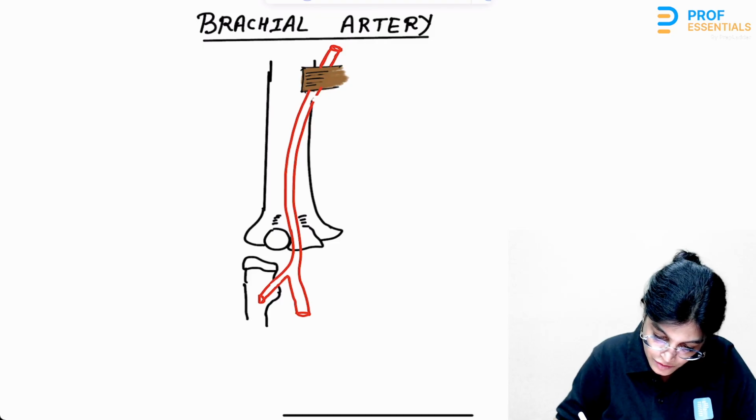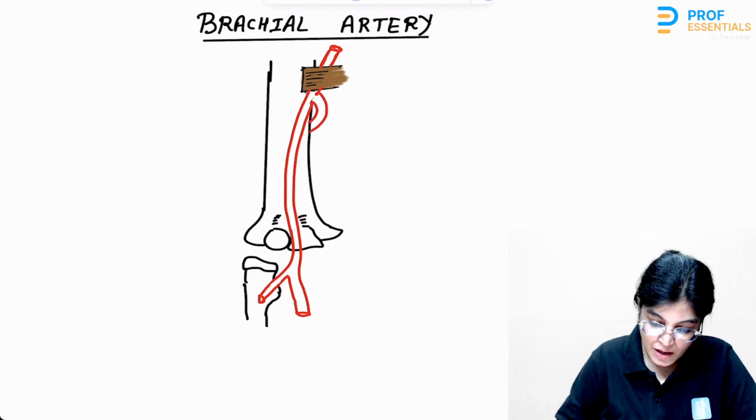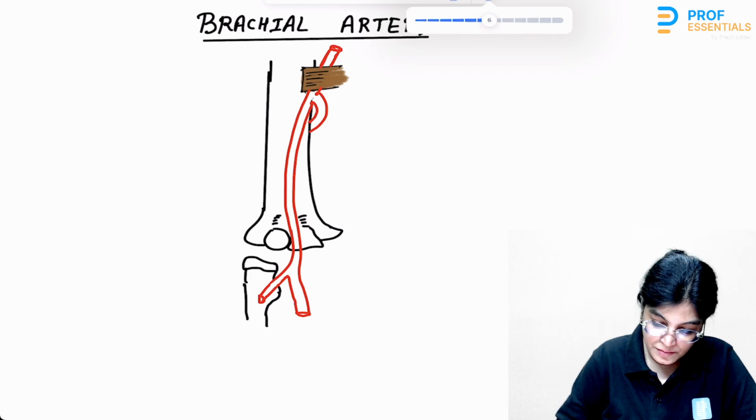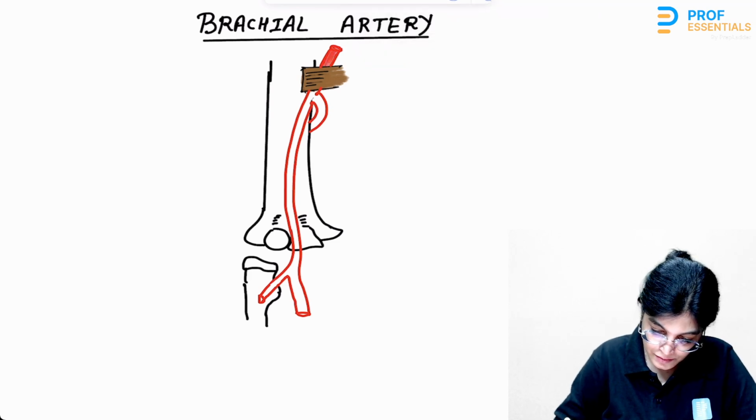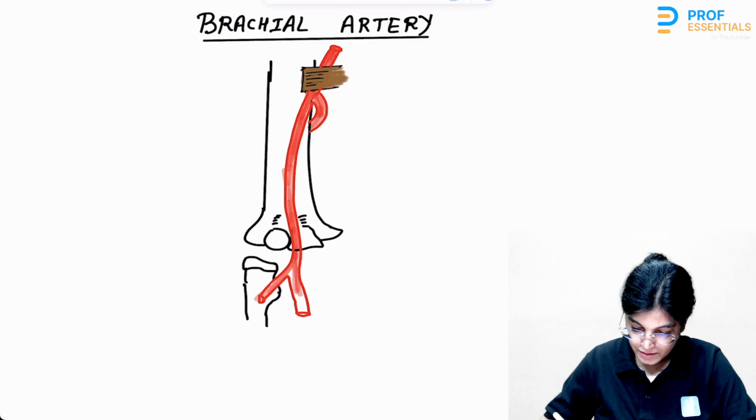So this branch will be the profunda brachii artery. Now we can use red color for filling its branches.